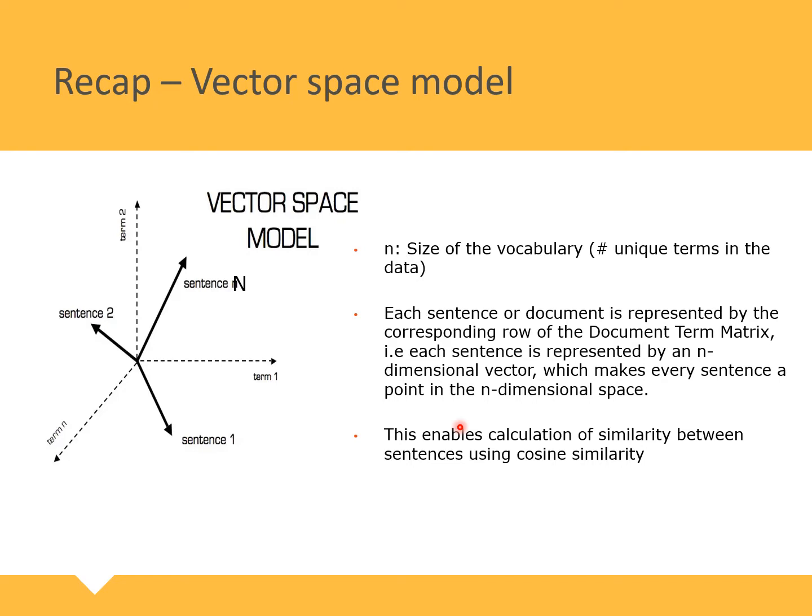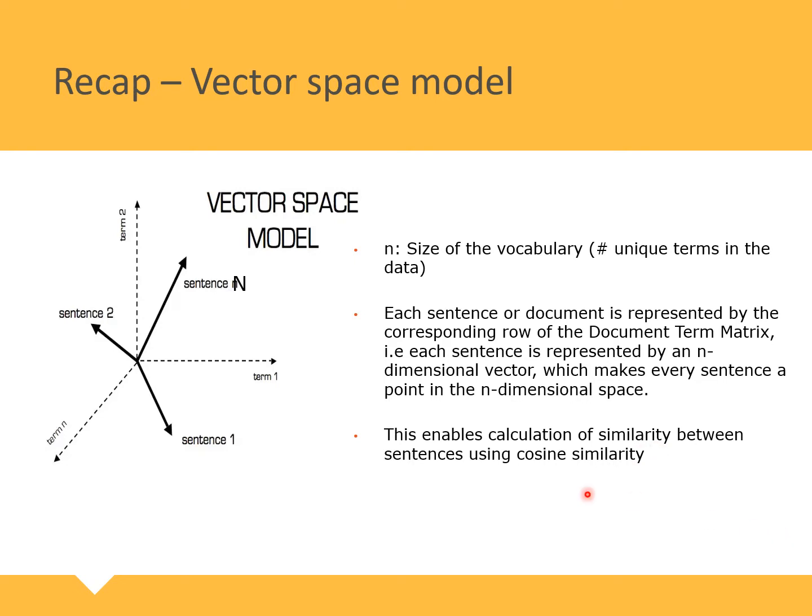And since the number of components in every row will be equal to the total number of unique terms that we have in the data, it makes perfect sense to say that every row represents the corresponding document, observation, or sentence in the vector space model.